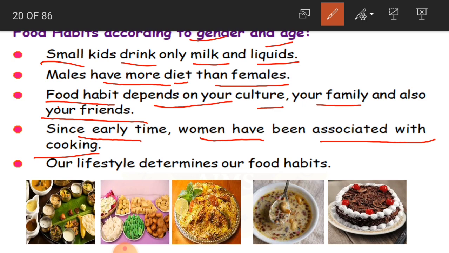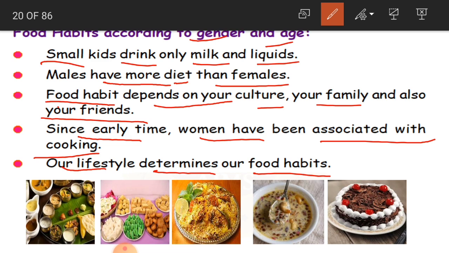Sometimes fathers or some other elder brother also help them. But mostly mothers, or any other woman in that house, are going to cook the food. So they are associated with cooking.